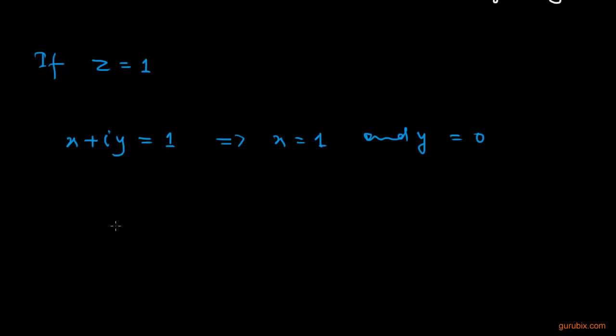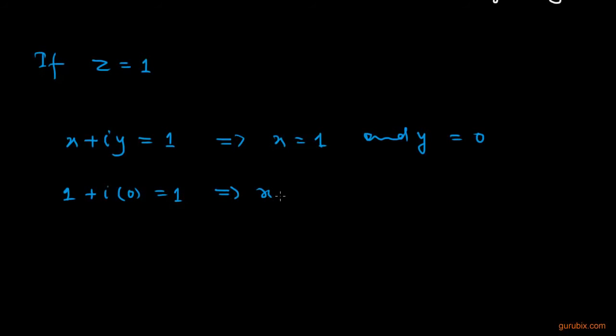And if z equals 1, then x plus iota y will be equal to 1, and this can be if and only if x is equal to 1 and y is equal to 0, because 1 plus iota 0 is equal to 1.